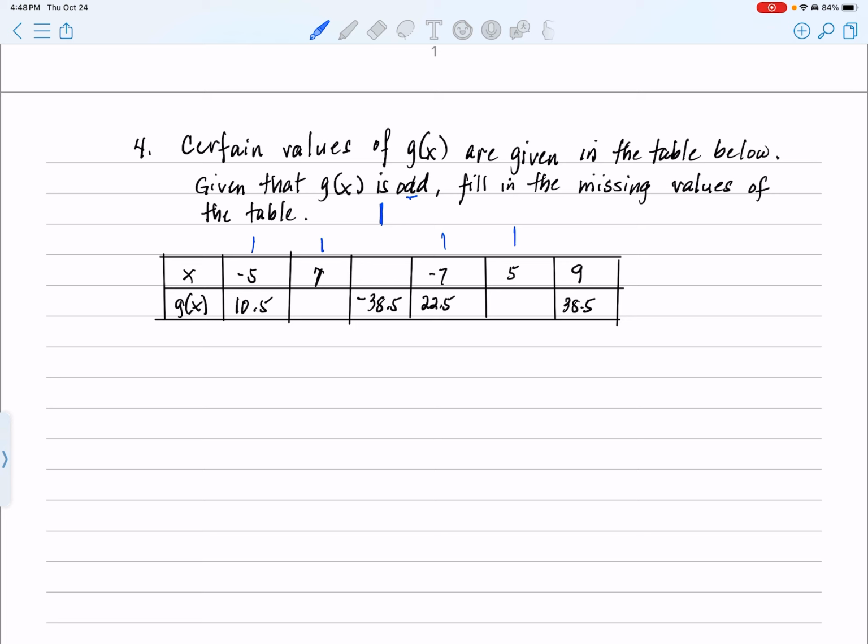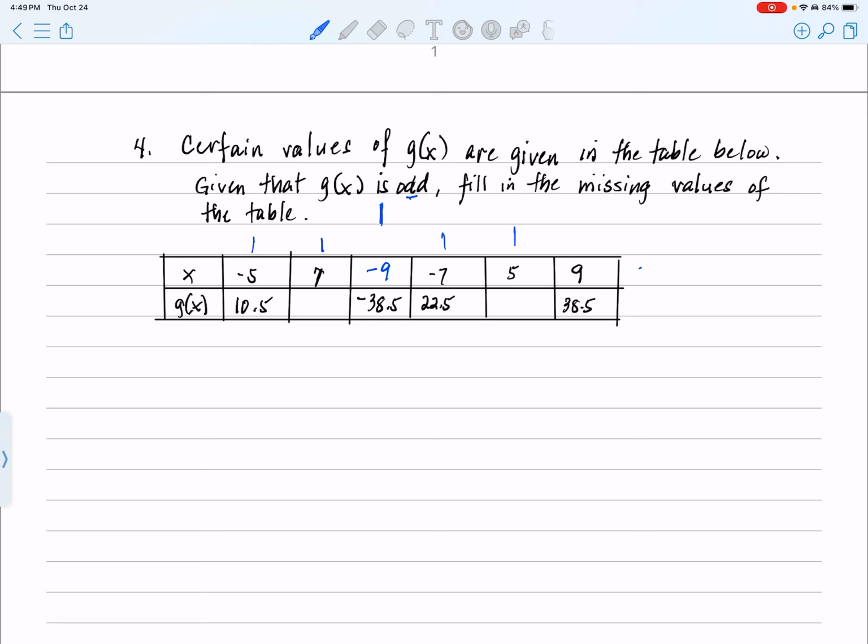Okay. So this is negative 7, 5, 9 to the right side. To the left, it's positive 7, then negative 5. So I assume that prior to negative 5, it's negative 9. So that means this would be a negative 9 here. Right?